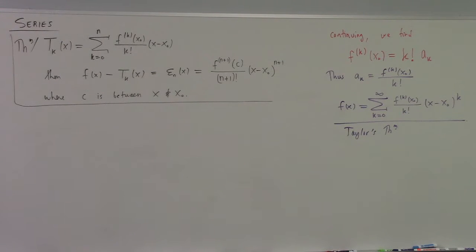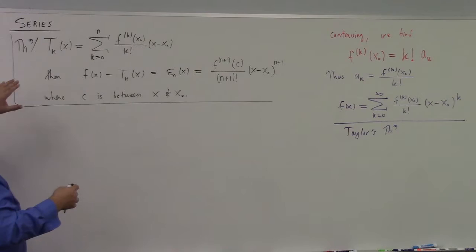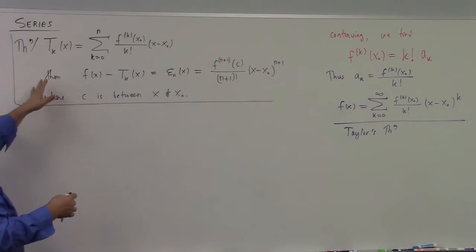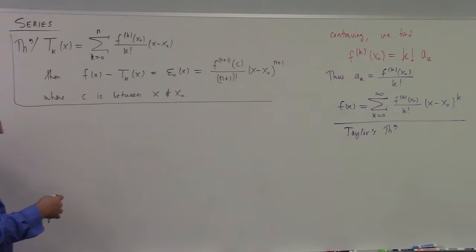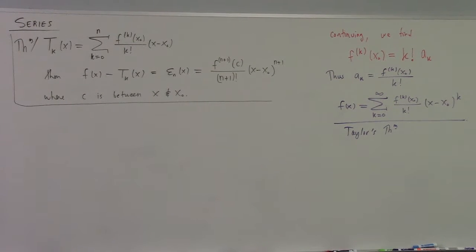But that's basically it. So in order to show that the function is represented by its power series, right? I mean, there are functions for which you can calculate the Taylor series, and yet the function isn't matched by the Taylor series. So, here's a definition.